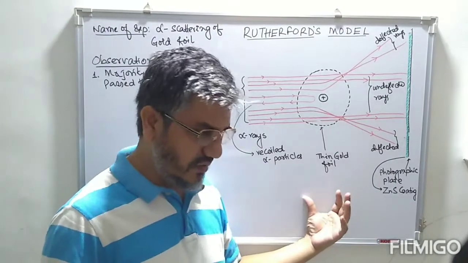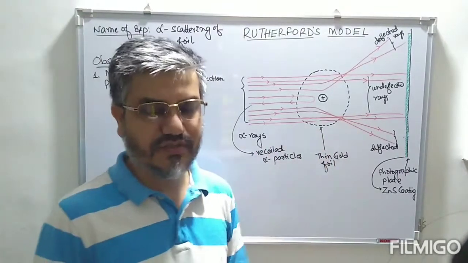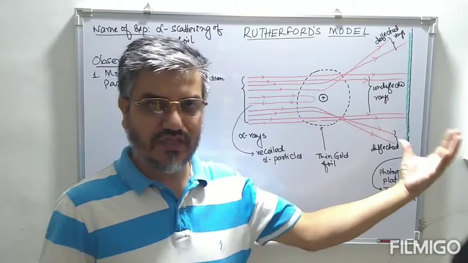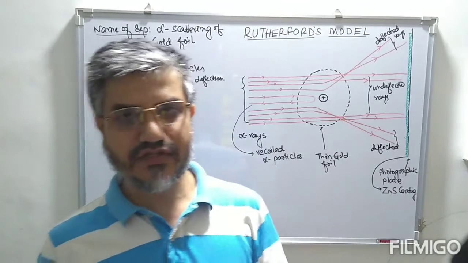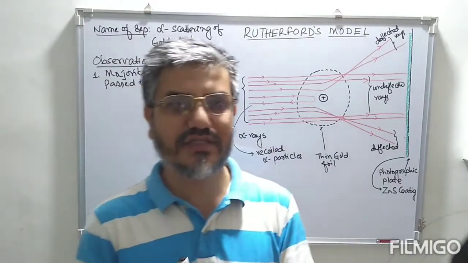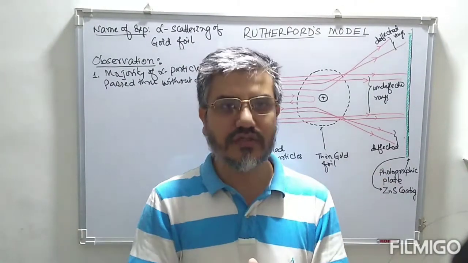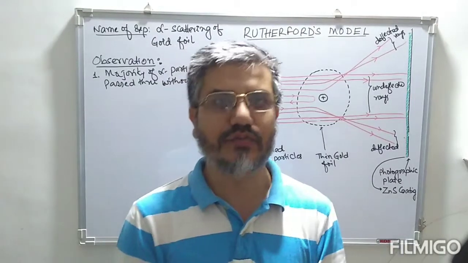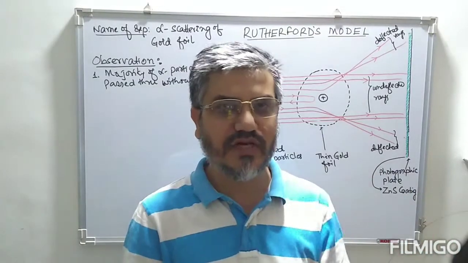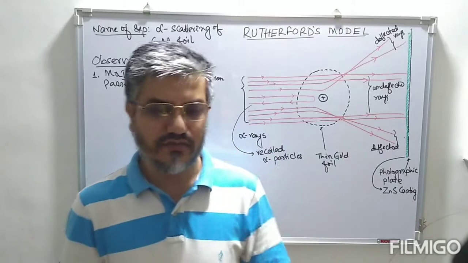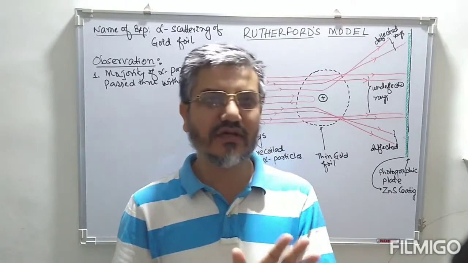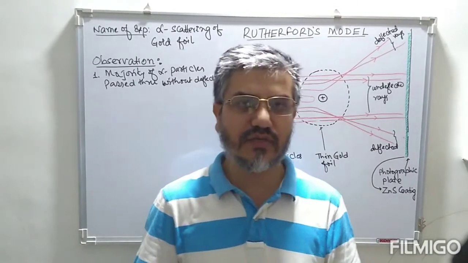Now let's see what conclusion he drew from this first observation. If the majority of the alpha particles pass through the thin gold foil without any deflection, it means the major portion inside this atom is empty, because when these alpha particles pass through the atom, they do not encounter any other particles inside it.